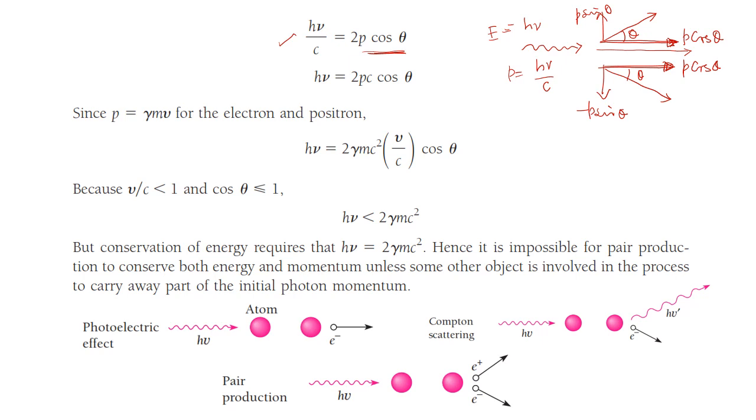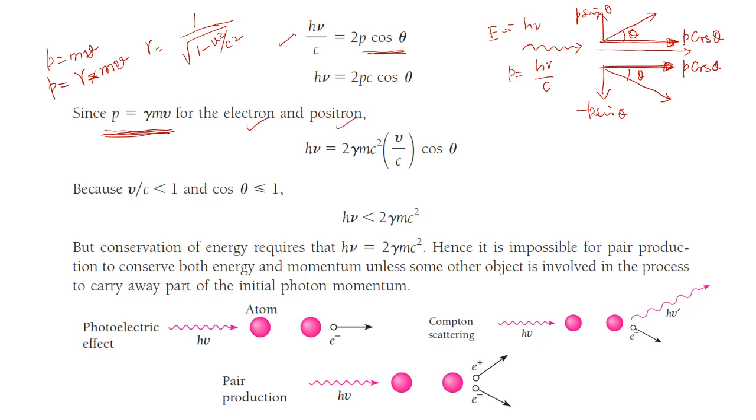So p equals gamma mv, the relativistic momentum. Normally p is the linear momentum mv, but relativistically we write gamma times mv, where gamma is 1 over the square root of 1 minus v square by c square. You know this, and this holds for the electron as well as for the positron.